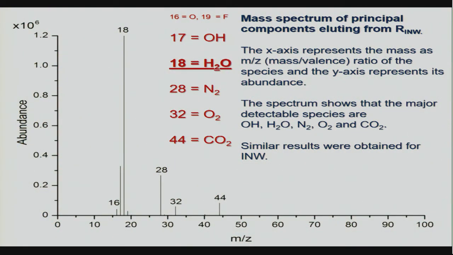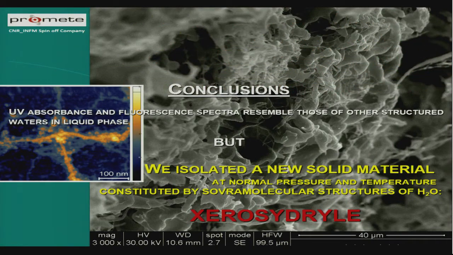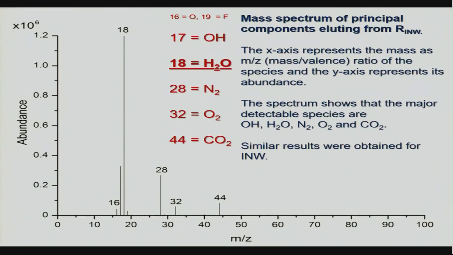I want to show in particular also, only because this is the classical doubt: okay, but are you really sure that this is pure water? This is, for example, the mass spectrum of the principal components that you find. You can notice that the principal peak is this one, and it is very, very high.